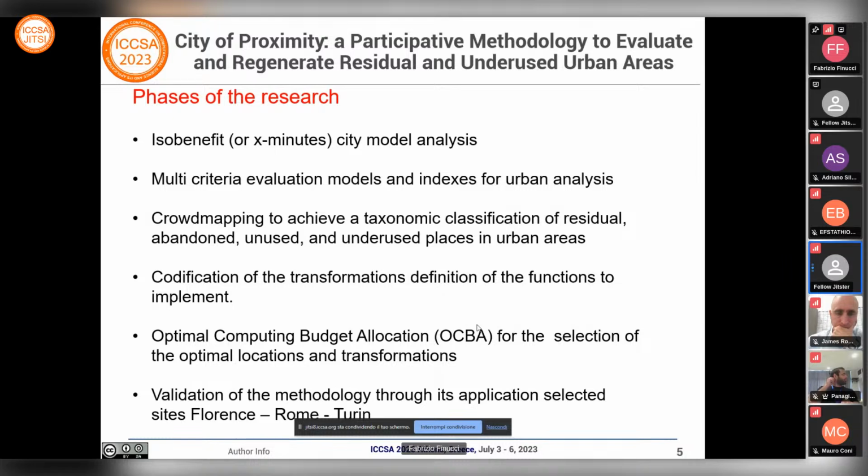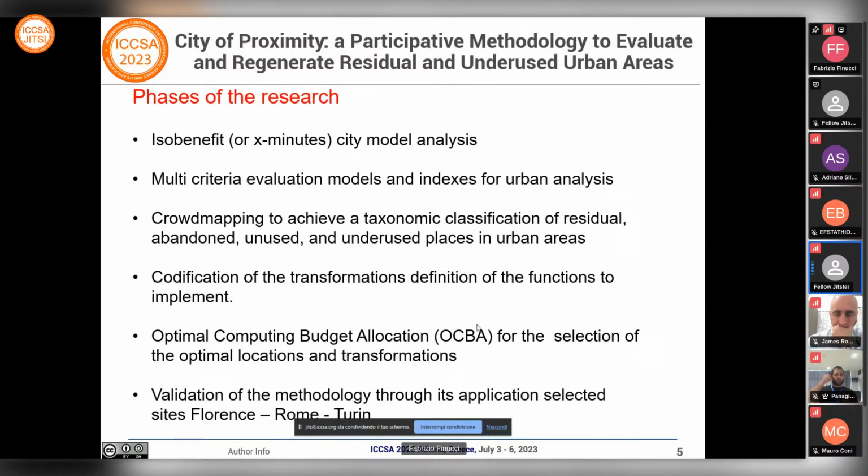Thirdly, we are organizing a crowd mapping to achieve a taxonomic classification of residual, abandoned, unused, and underused places in urban areas. Fourthly, we will codify the transformations and the functions to implement. And finally, we'll select the optimal locations and transformations applying the optimal computing budget allocation method.